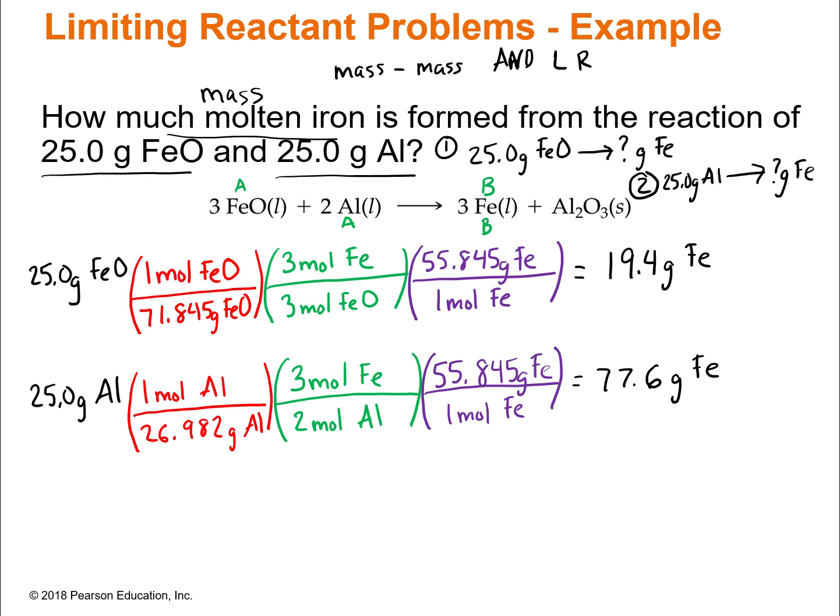So how much molten iron will we make if we mix 25 grams of iron 2 oxide and 25 grams of aluminum? Which one is it?